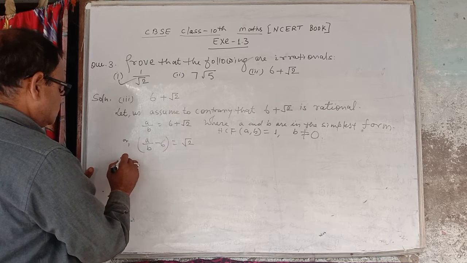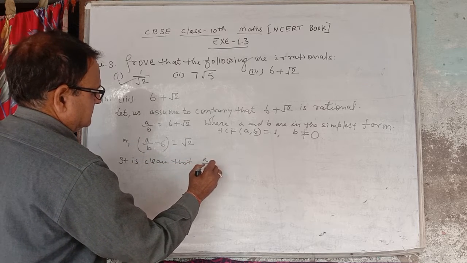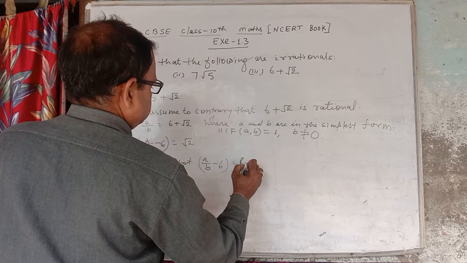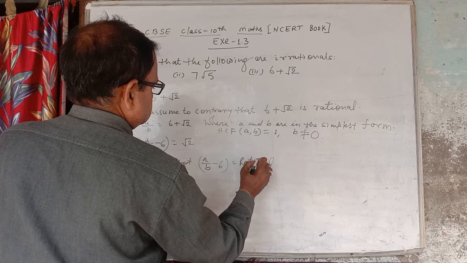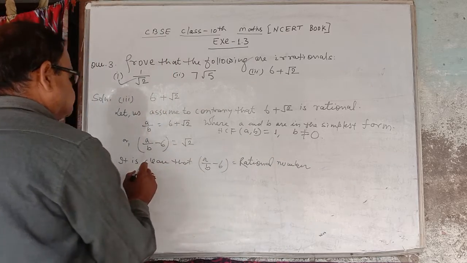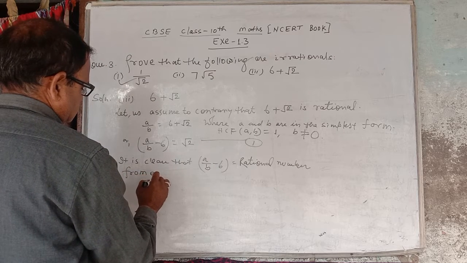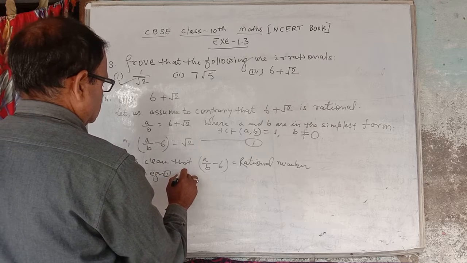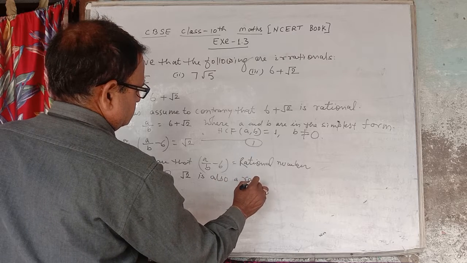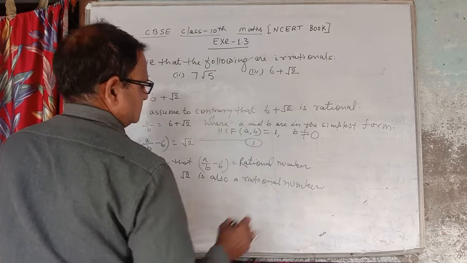Clearly, it is clear that a by b minus 6 is a rational number. From equation 1, root 2 is also a rational number.